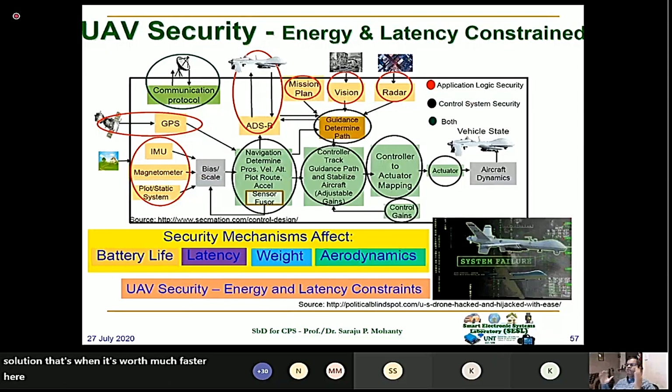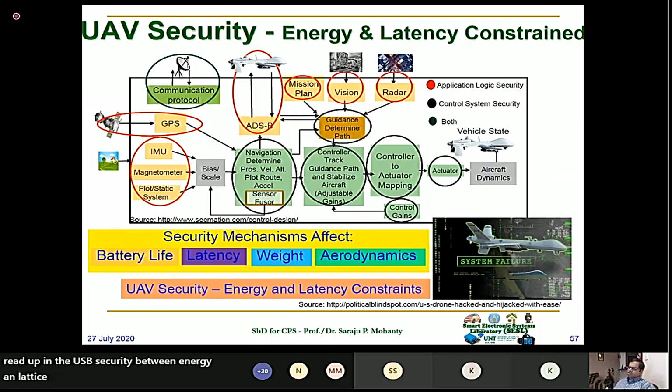Of course, drones have more battery than a medical device, and we can have far bigger batteries, but battery is limited to the range of the drones. If we consume battery by using security mechanisms, then the range of the drone gets reduced. So this is a very difficult trade-off in UAV security between energy and latency.